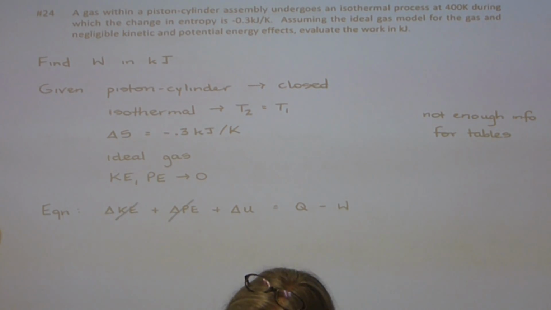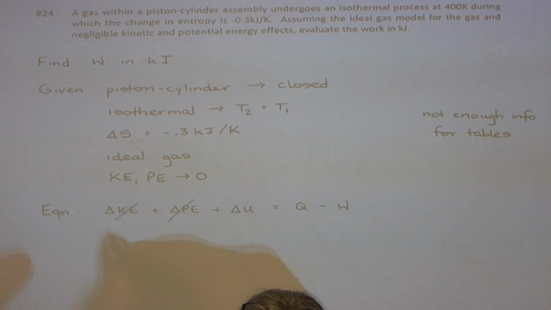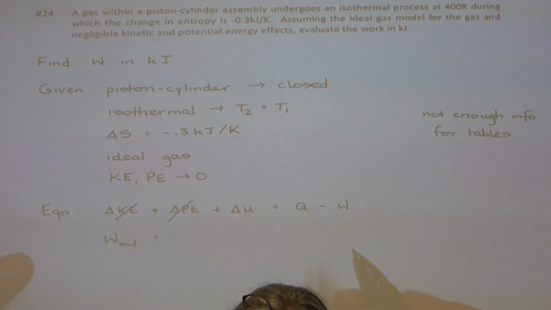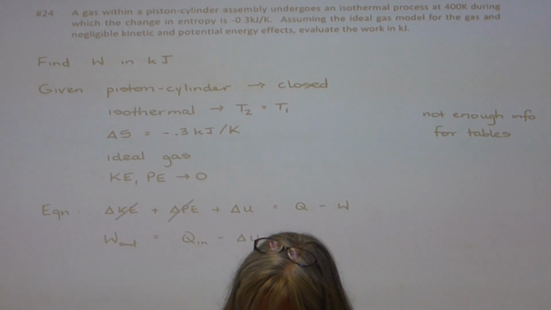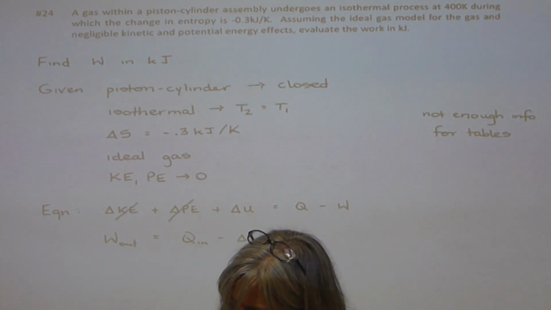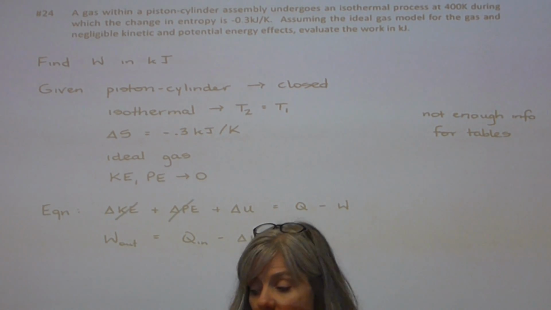And then we're looking for work out, so we'll go ahead and solve this for work out. Putting work on the other side, I get Q out equals Q in minus delta U. Okay, well, we don't have enough for the table, so what are we going to do?